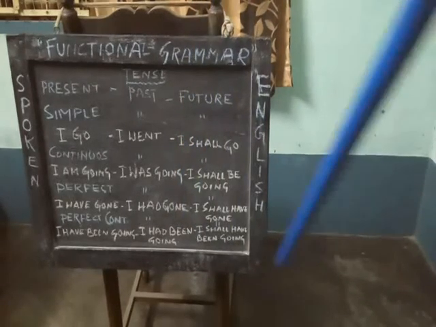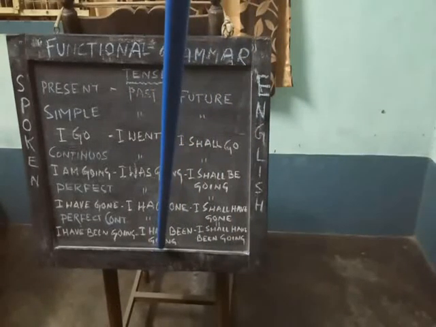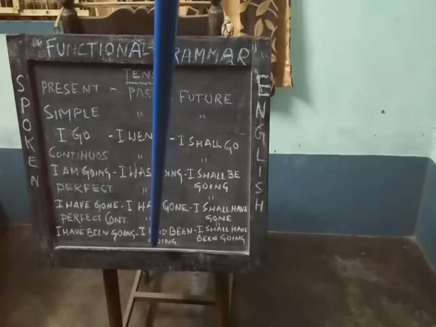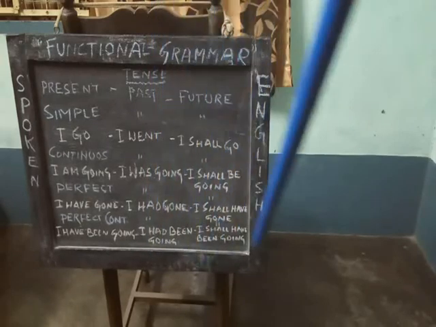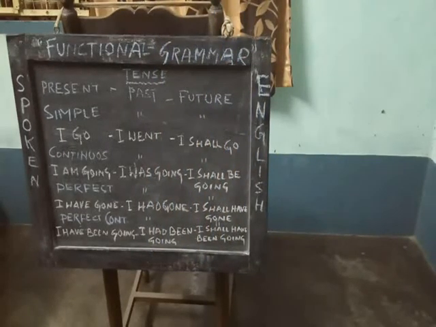Okay. Now the last one of the past tense segment is past perfect continuous. If I want to make it theoretically, how can we define past perfect continuous tense? Any action which began in the past and continued up to a certain point of time in the past.